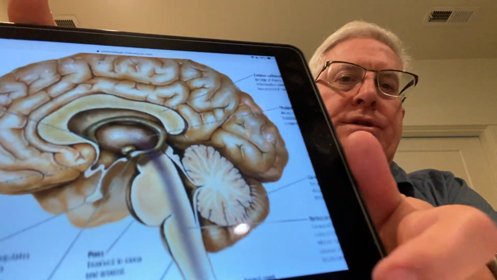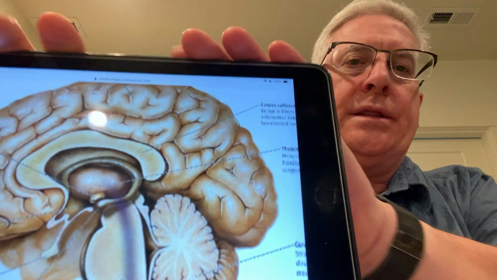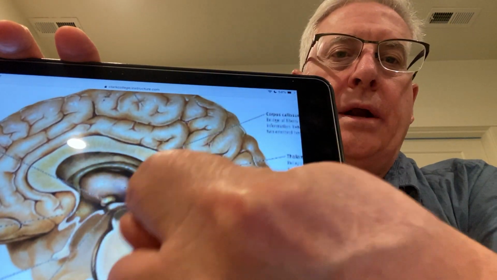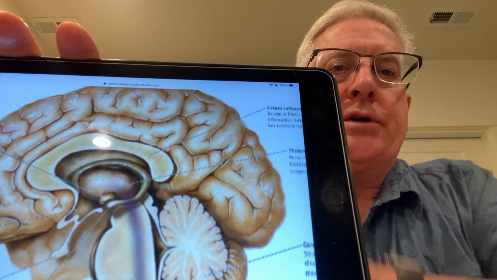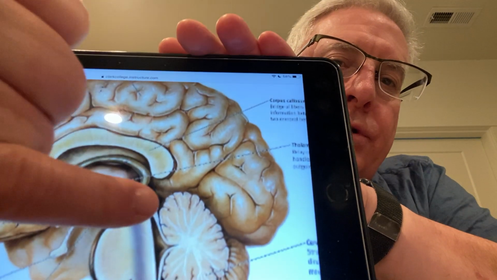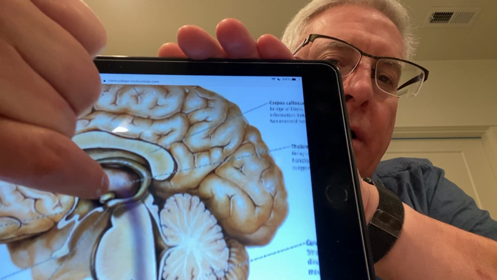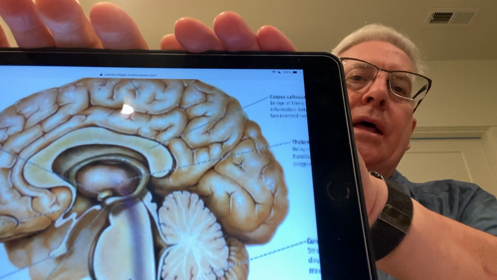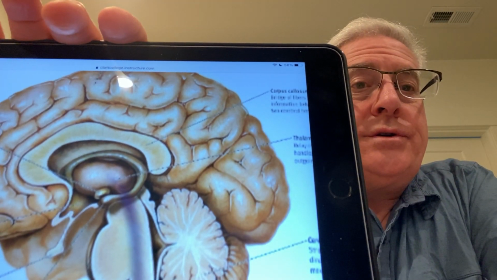That might be a little bigger right there so you can see it a little better. But like I said, this right here is the midbrain. Okay? The central structure, this great big bulbous structure right here in the middle of the midbrain, is called the thalamus. The thalamus is your communications center.